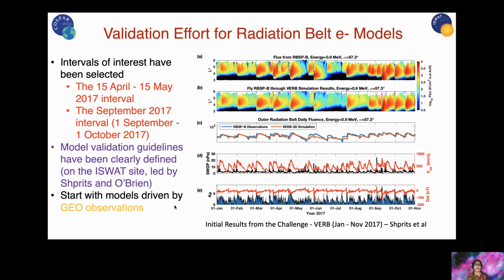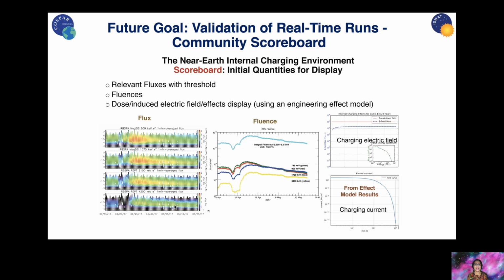And the model validation guidelines have been clearly defined. This effort is led by Yuri and Paul and myself, and we will start with models driven by GEO observations. And this is the initial result from the VERB model provided by Yuri. So it looks pretty good. More needs to be done.